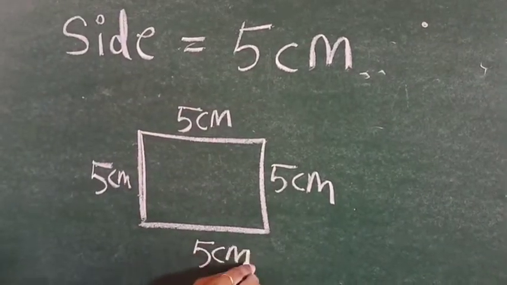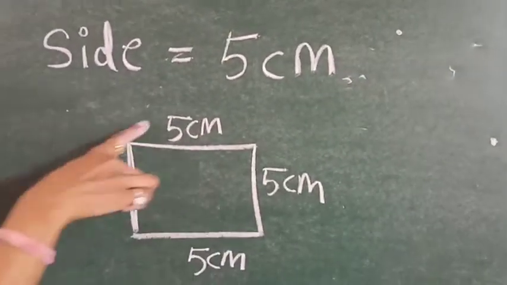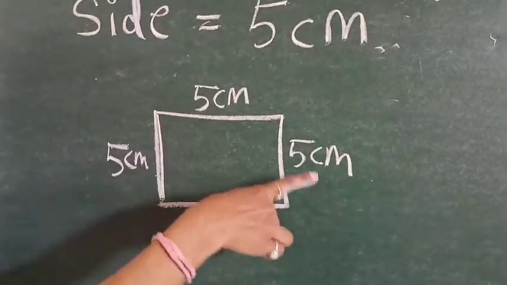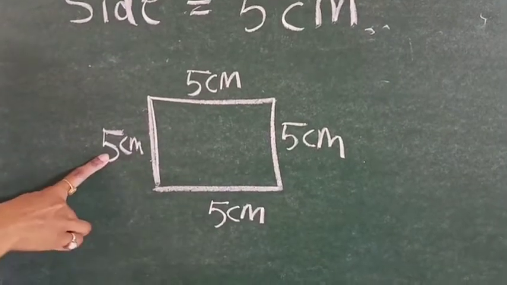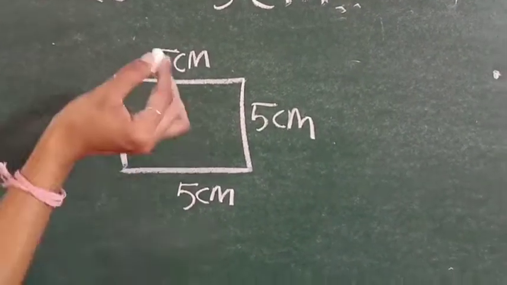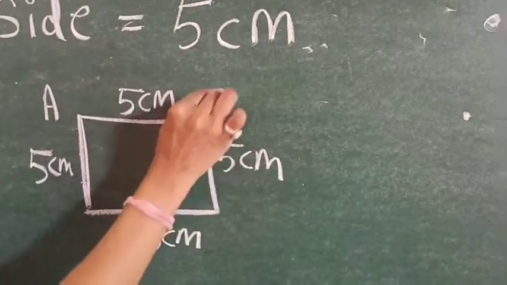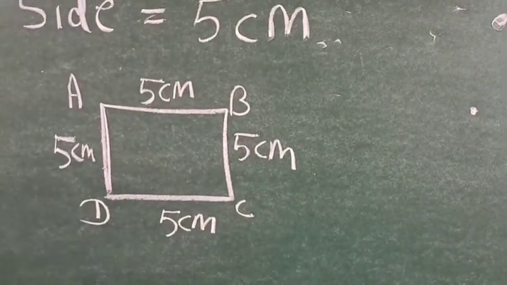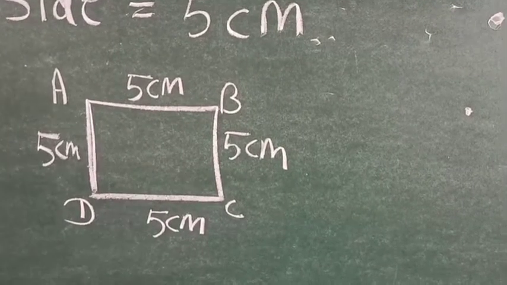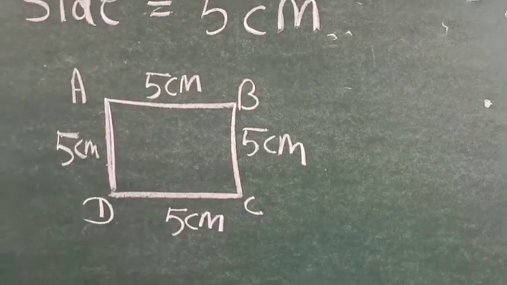Okay, so first you have to draw a figure like this and write all the sides like this. After that you have to start. First you have to write the formula.